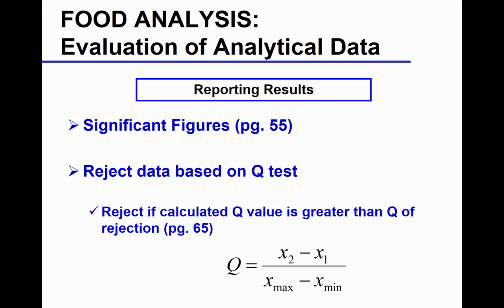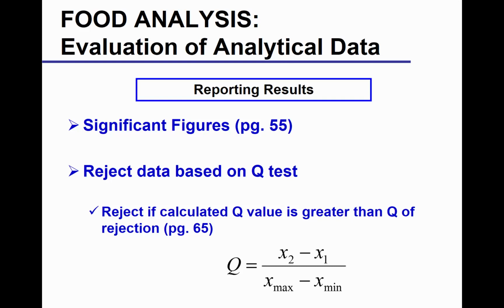Let's say you have collected 4 replications and one of them was really off, either way higher or way lower. There is a way to determine if you want to reject that data point and not include it in your average, so that you don't skew your precision or accuracy. You would do a Q test. You take the value that is very off and get the difference between this value and the closest value to it.